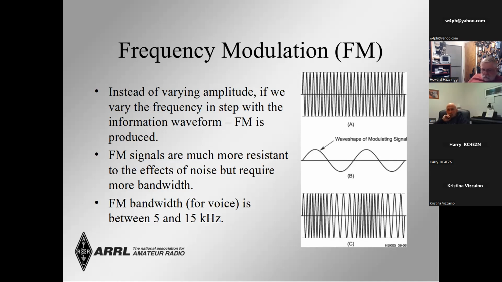And if you look at our drawings here, you will notice that the spacing of these oscillations changes. It gets narrower and wider. And this is what they talk about, frequency modulation. That actually changes the frequency of the carrier to impress the voice on it.